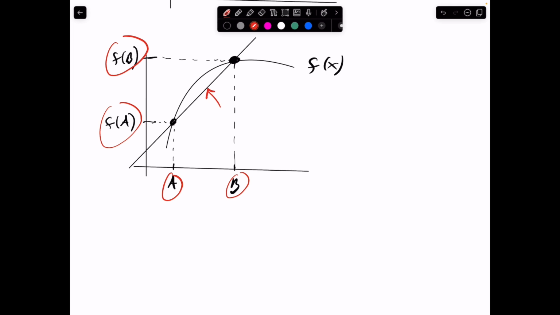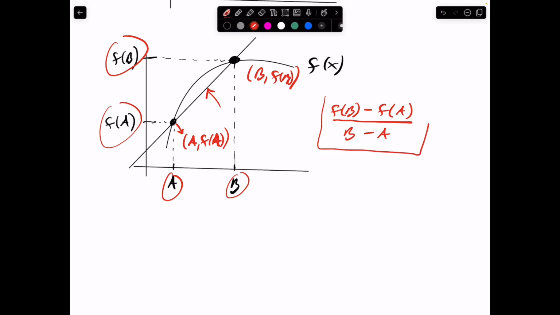Well, if this point is b comma f of b, and this point is a comma f of a, then the slope would just be f of b minus f of a, all over b minus a. So that's one way to write that slope.